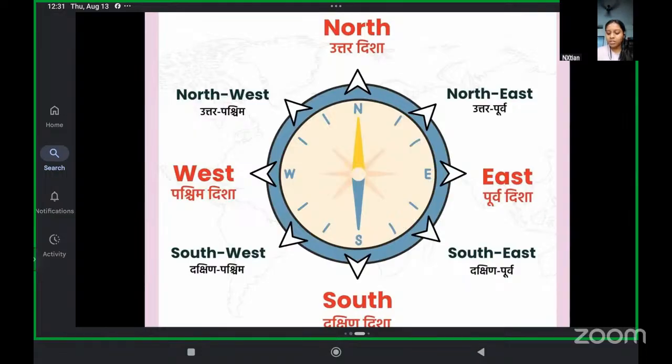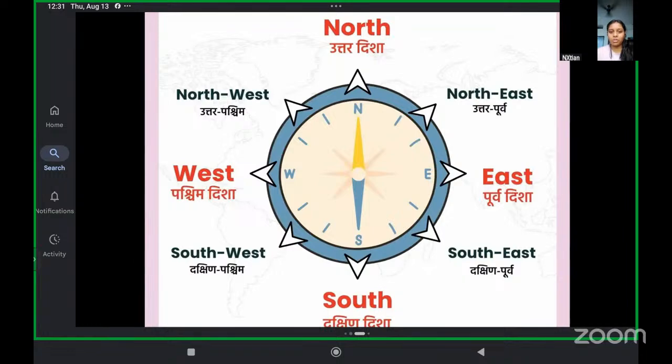If it is pointing between the east and the north, that direction is called northeast. Between the east and the south is southeast. Between north and the west is northwest. Between west and the south is southwest.